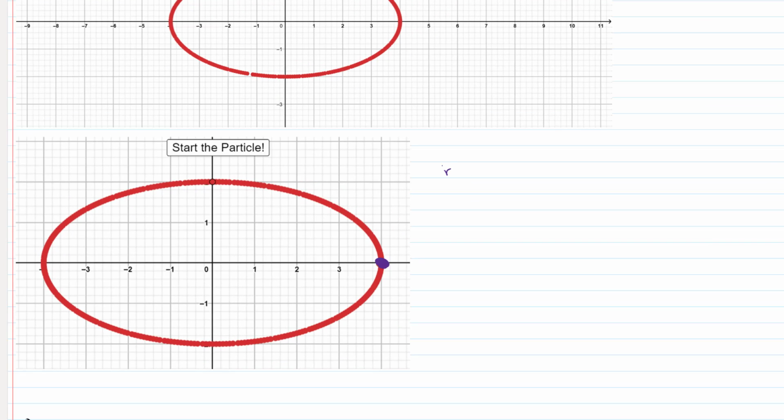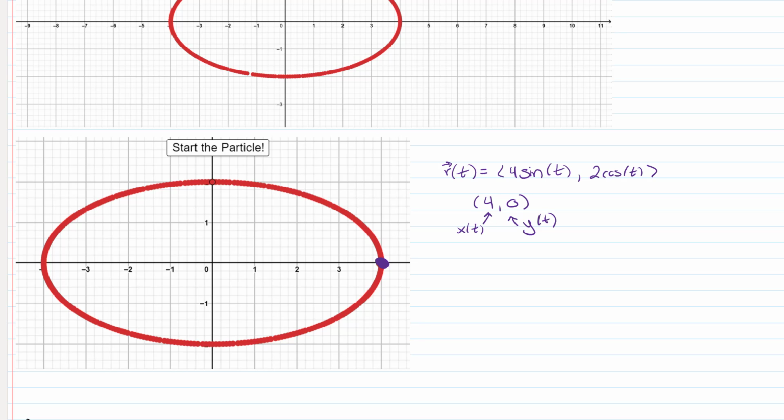So we have our position vector given by 4 sine of t, comma 2 cosine of t. So the idea here is I need to find the t value that'll make this true at 4 comma 0. So then if I have the point 4 comma 0, this is my x and this is my y.